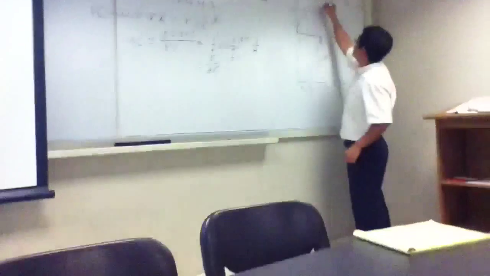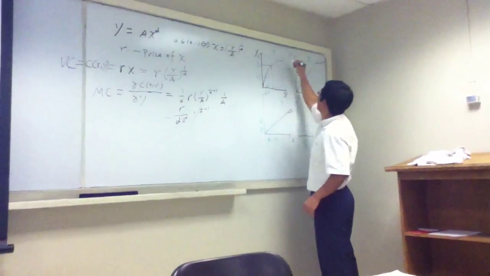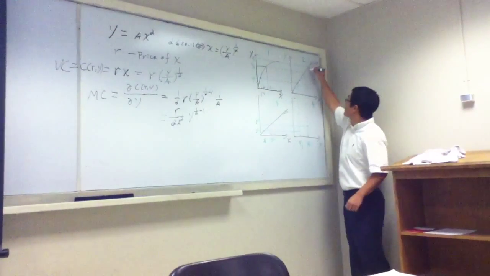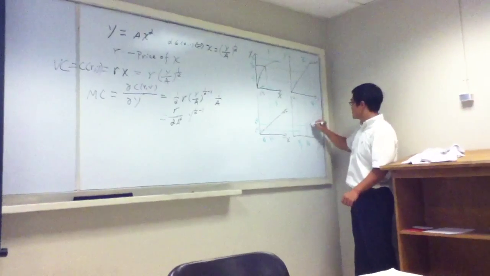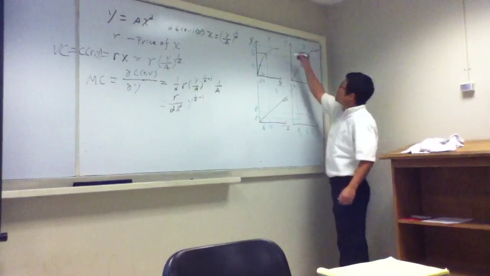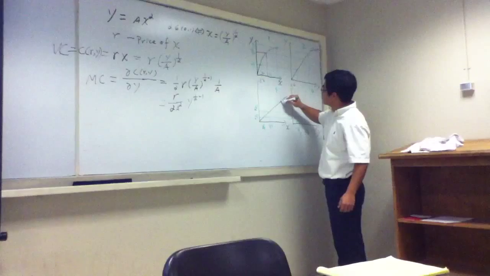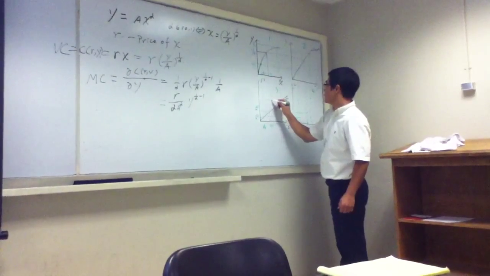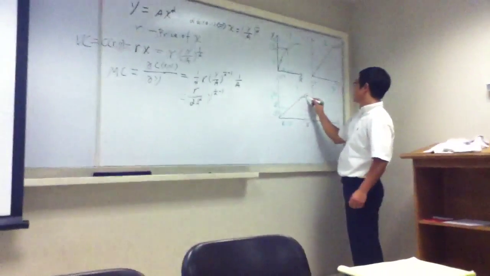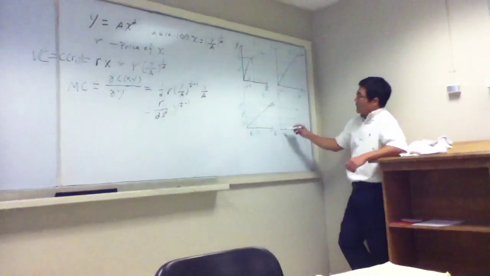Find another one here, y2. Find y2 first on this diagram 4. It's y2. And find the variable cost. This is r times x2. So with that, I can map out.